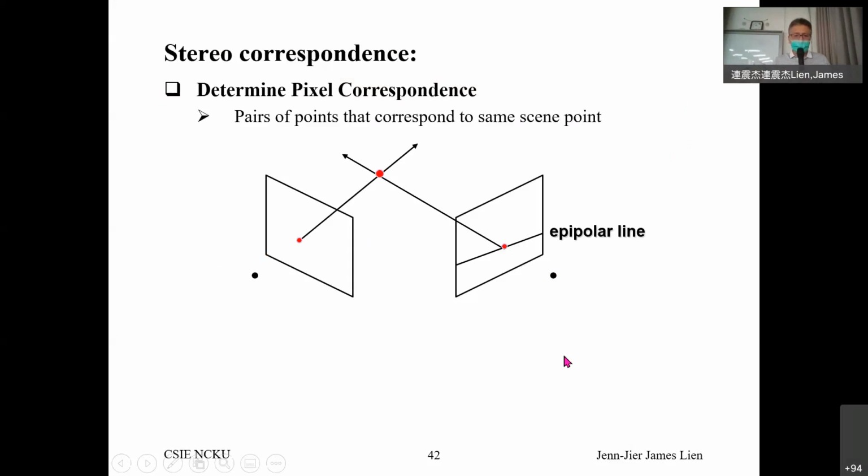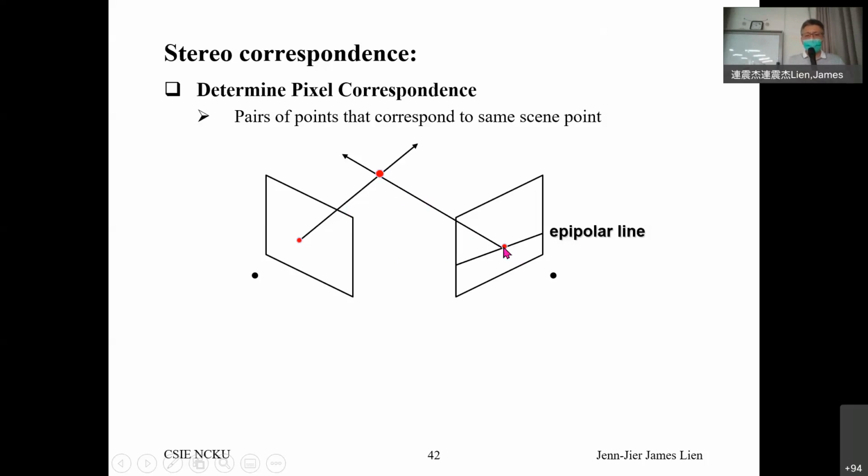What I'm trying to say is that for any point, you can find an epipolar line. After you find the epipole on one camera, you can find an epipolar line in the other camera. The same 3D point projects to 2D in each image, so you can find this corresponding point.